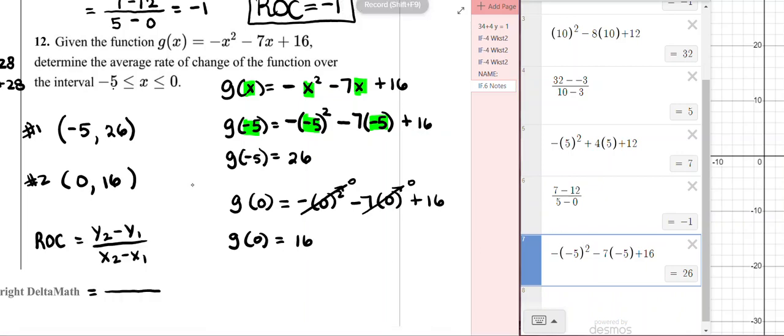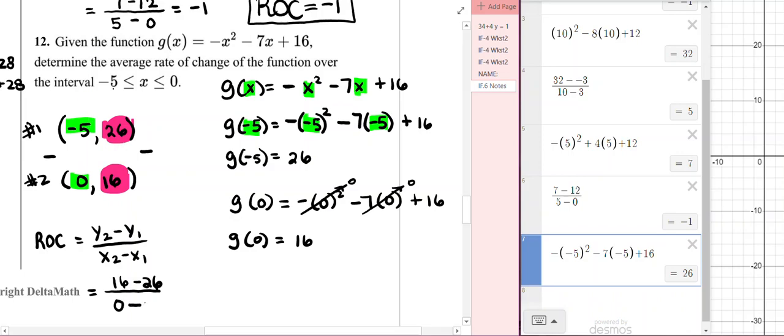Okay, so I wrote down the rate of change formula, and we need to do y2 minus y1. And so that is 16 minus 26 over 0 minus a -5.